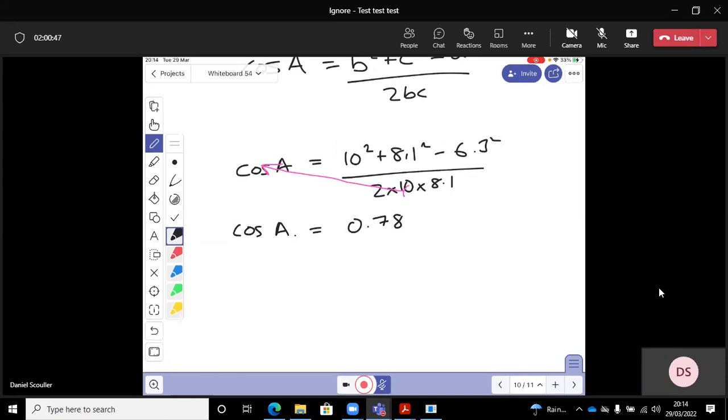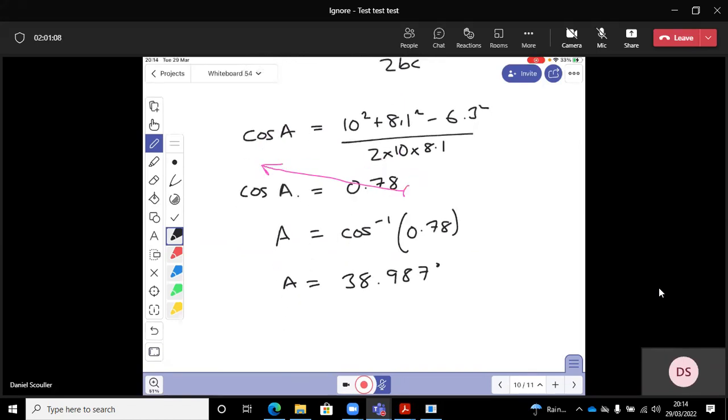Okay, we're wanting to leave that A in its own. That A stands for angle. So we bring cos to the other side. So your angle is inverse of cos times 0.78. Did it ask?